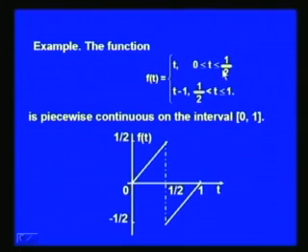The function is defined over the whole interval 0 1, and the interval 0 1 has been divided into two subintervals 0 half and half 1, in each of which the function f t is continuous. As t approaches the point of discontinuity, that is half, the left hand limit is half while the right hand limit is minus half. So, the function f t has an ordinary discontinuity at the point half.